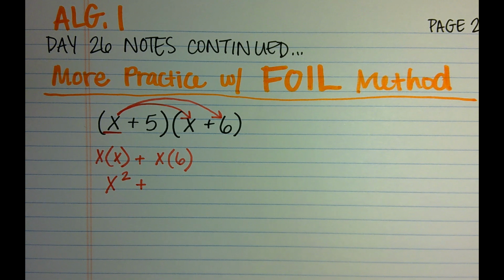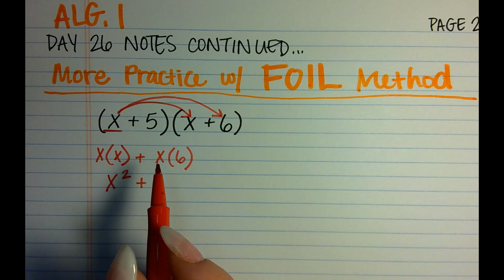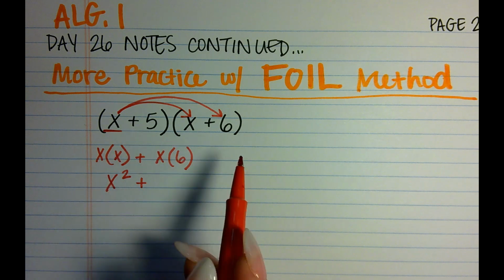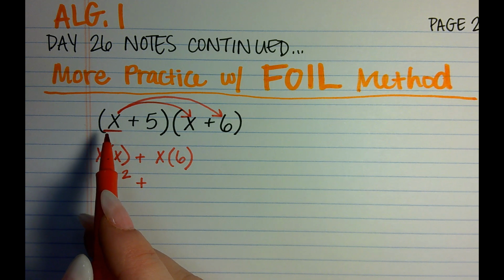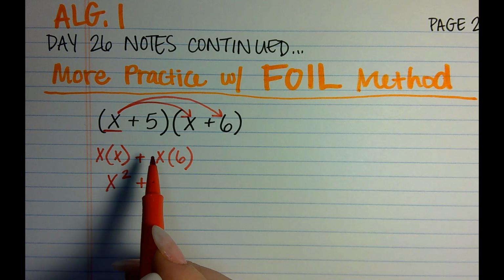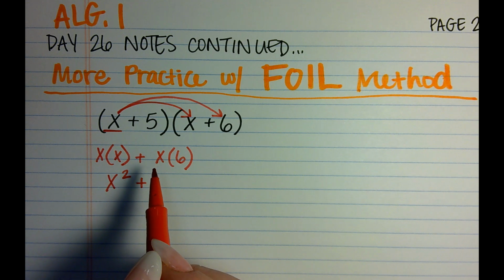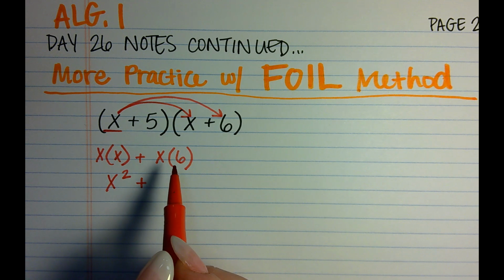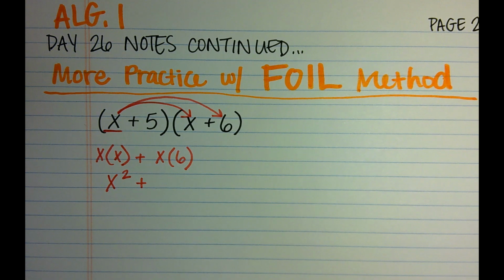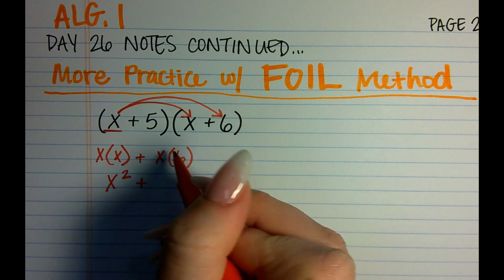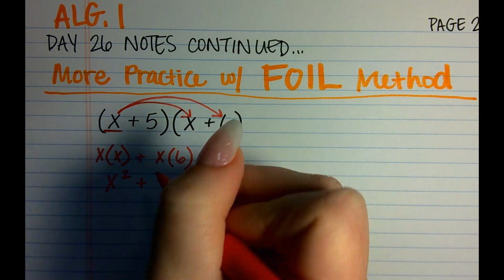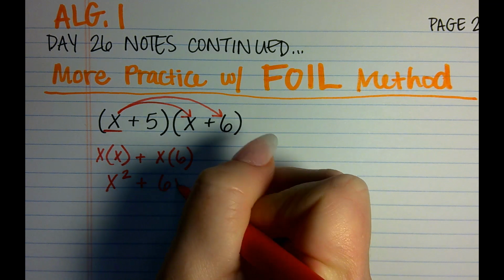So remember, whenever we're not multiplying variables, we're just doing x times the coefficient 6. It just places that 6 in front of the x to show us that we have 6 of these x's. So 6x.